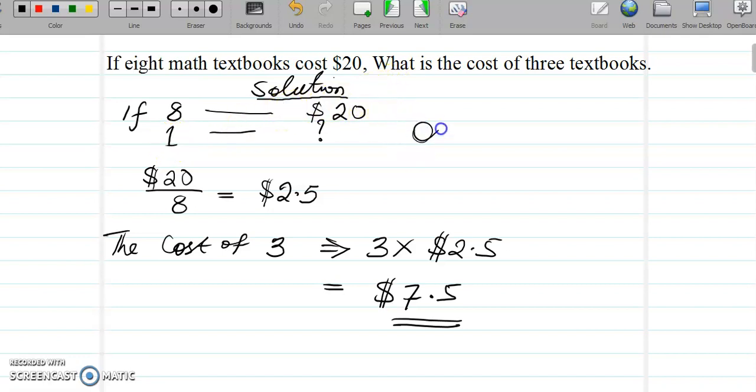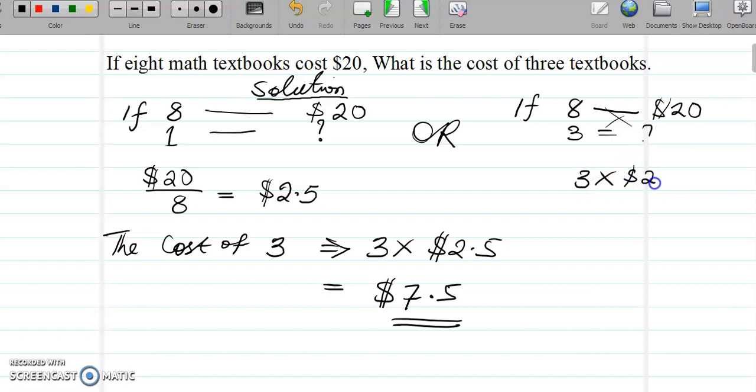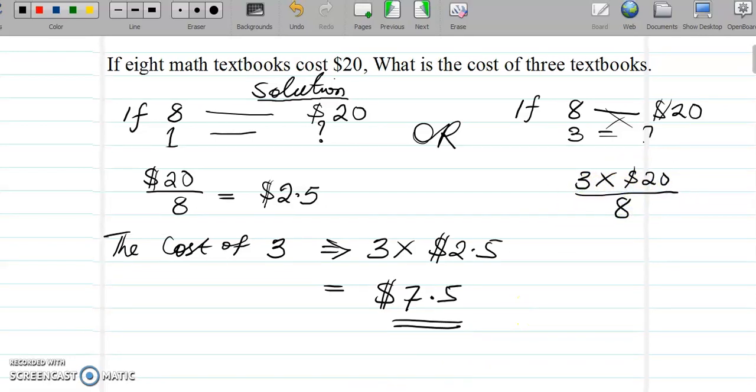Or we can solve it the other way around by saying that if 8 textbooks cost $20, then 3 textbooks will cost how much? So we can cross multiply in another method. If we cross multiply, we have 3 times $20 divided by 8.